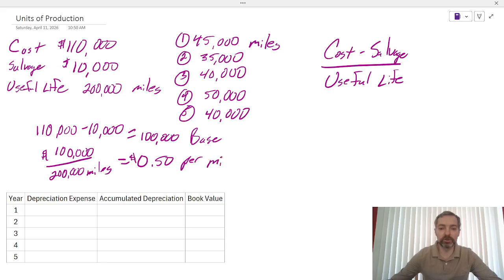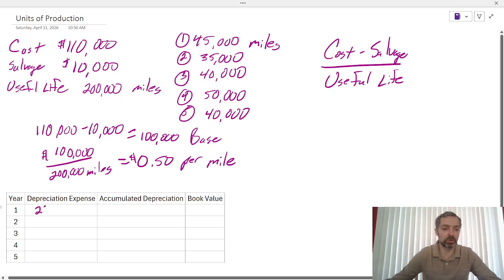Now all we have to do is calculate how many miles we drive every year, and that will help us figure out our depreciation expense. So here I have the years 1 through 5, and in year 1 we drove 45,000 miles. If it costs us 50 cents per mile, the depreciation expense is 22,500.